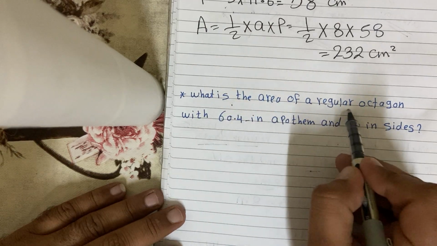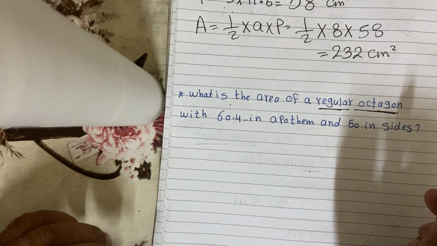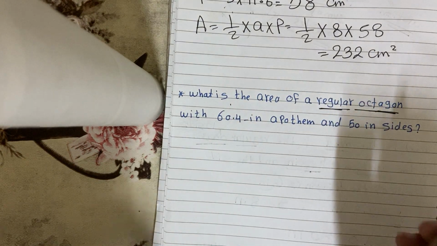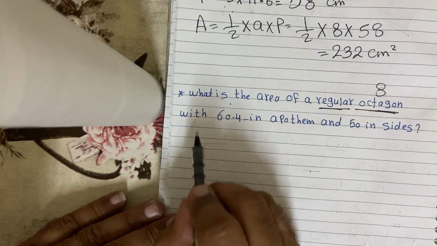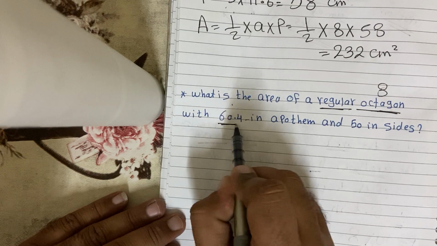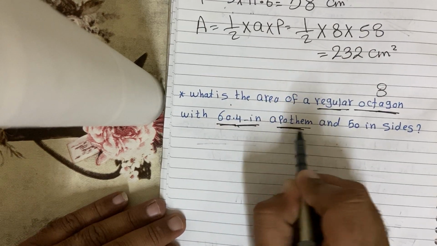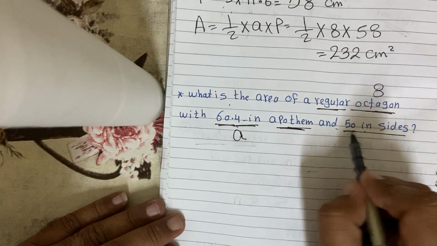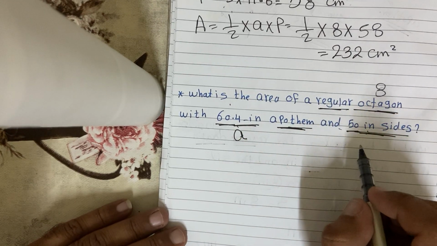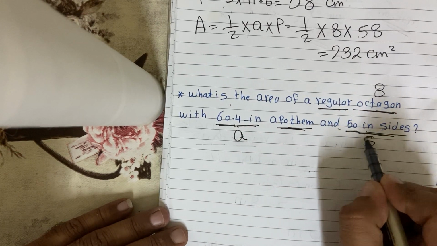The last exercise. What is the area of a regular octagon? As I told you before, an octagon has 8 sides. Octagon with a 60.4 inch apothem, this is A, and 50 inch sides, this is a side.